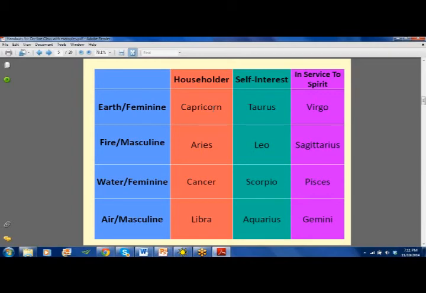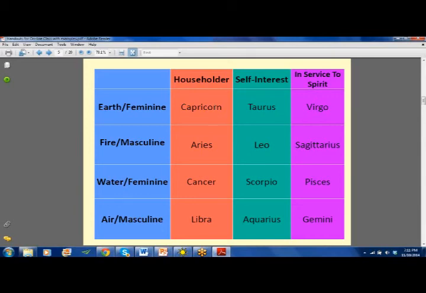And these energies are kind of in each other. And it seems to be, from our experience, that our understanding of the signs based on the seasonal experience that we have in the northern hemisphere kind of works in the southern hemisphere too. But to really know, we would need to spend time there and have the direct experience.